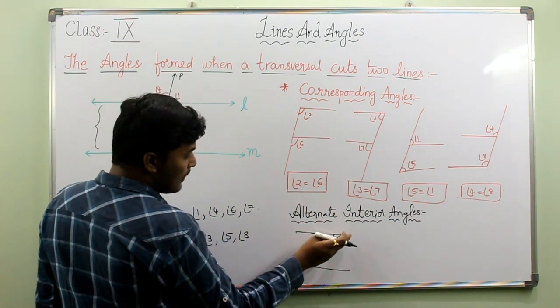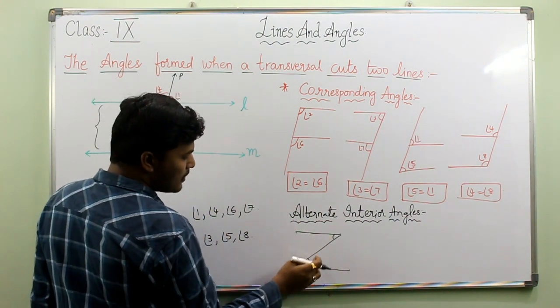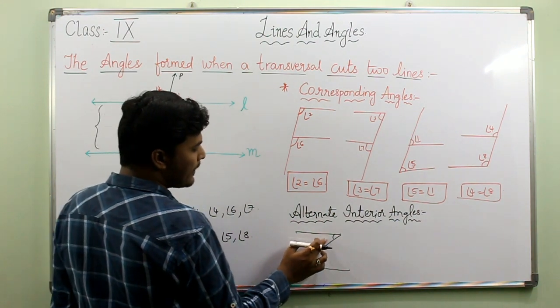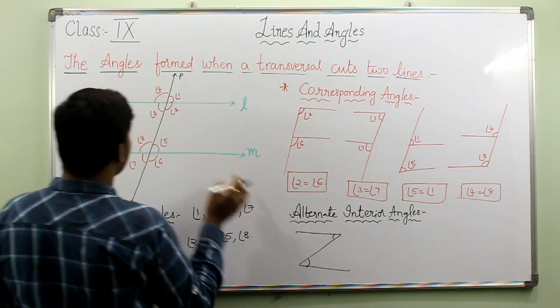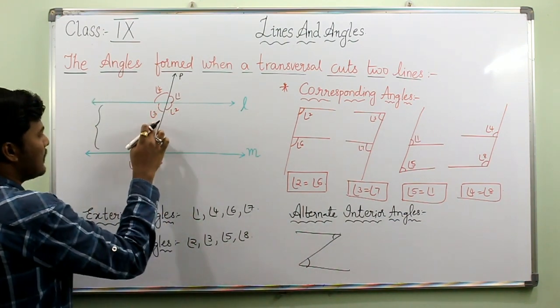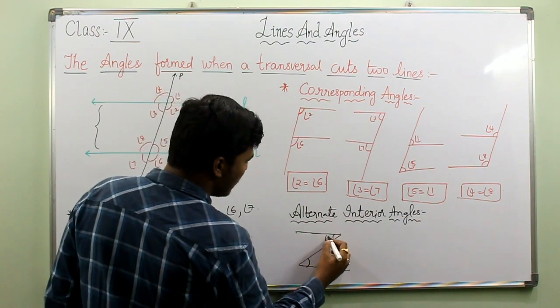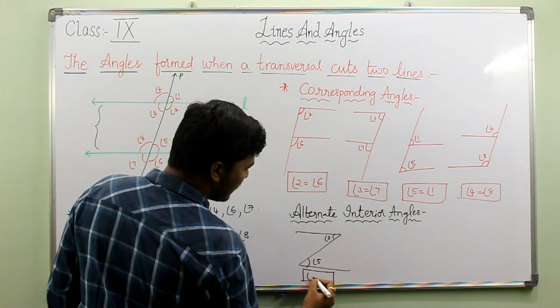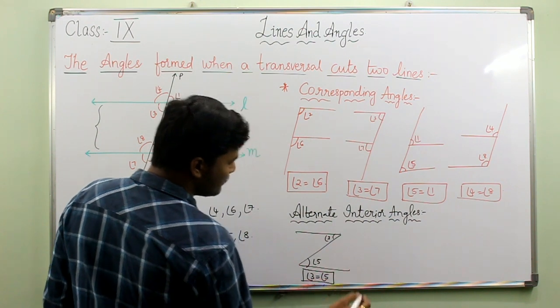That means this is a transversal, and the angles forming opposite to each other are called alternate interior angles. If you see here, this is a Z and we have angle 3 and angle 5 opposite to each other. Hence, they are called alternate interior angles and they are equal.